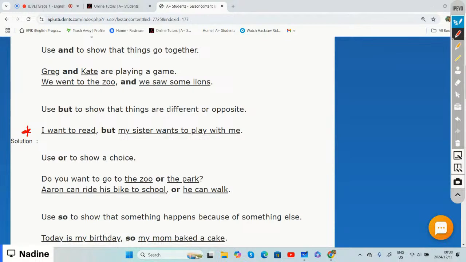It's this or it's that. That is a choice. And then lastly, we have the word so, and we use the word so to show that things happen because of something else.